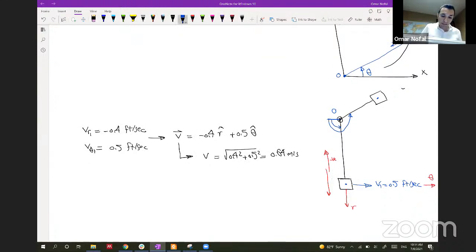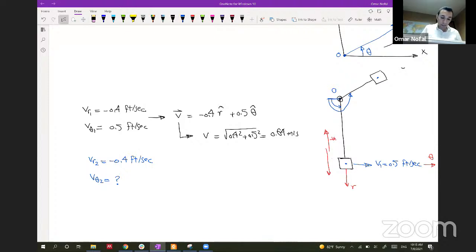So we know that VR2 is still equal to negative 0.4 feet per second, but we don't know V theta 2. That's what we need to find out. So what will we use in this problem? The best strategy to solve this problem is to use the angular momentum principle.